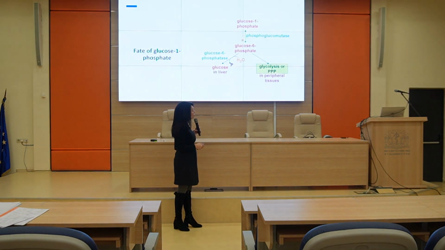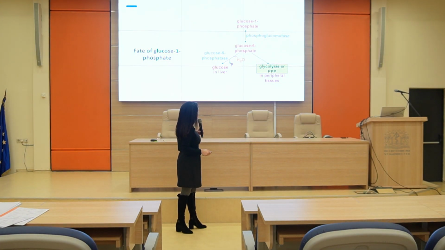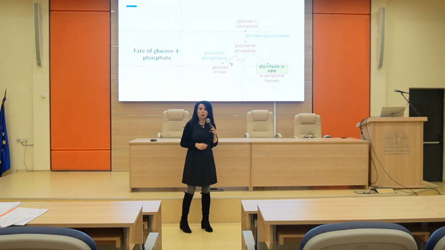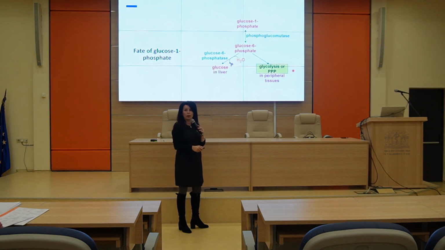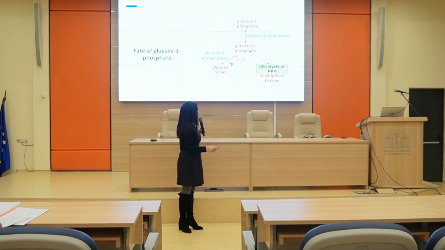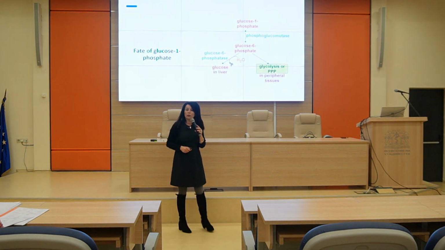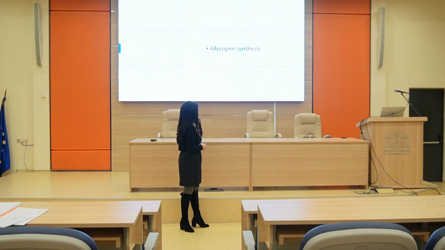Phosphoglucomutase is a reversible reaction, and glucose 6-phosphate is a key metabolite, which can be directed to gluconeogenesis to produce glucose in the liver when we need glucose, or can be directed to breakdown pathways of glucose. There are 2 breakdown pathways of glucose. The first main one is glycolysis, and the second alternative pathway is called PPP. It depends on the cell's need where the direction will be.